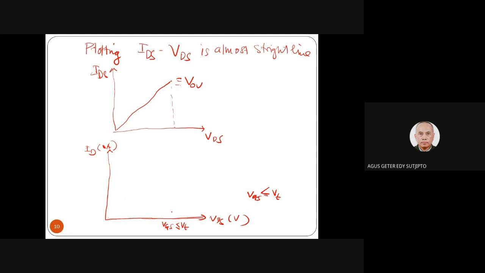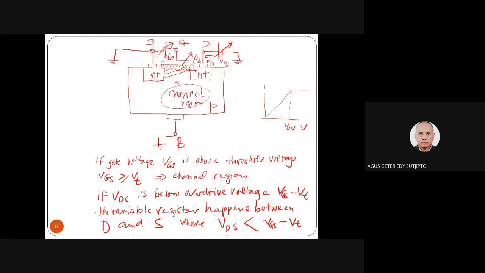If VGS is less than the threshold voltage, and threshold voltage means the creation of the channel region, the minimum VGS that creates the channel region, then there will be no current flow in this D to S path. ID equals 0.